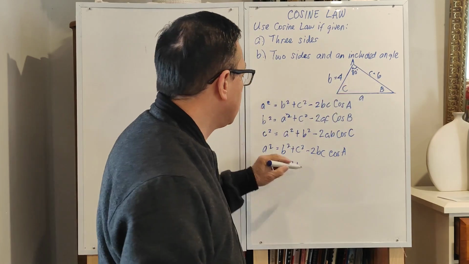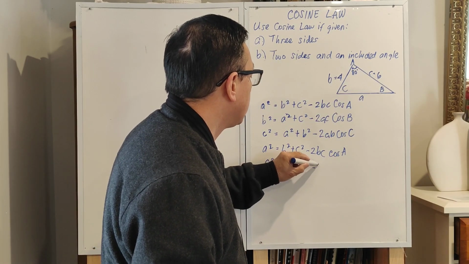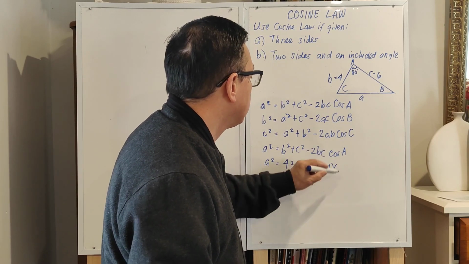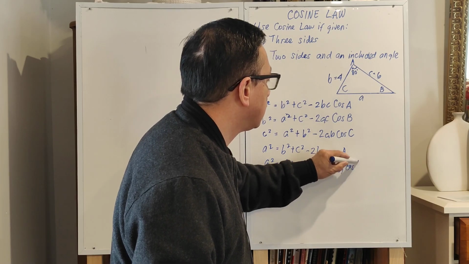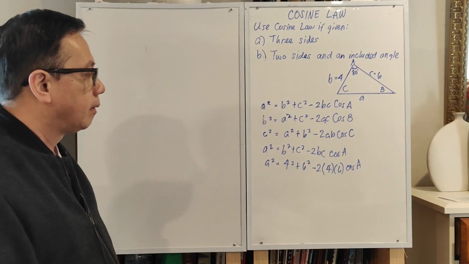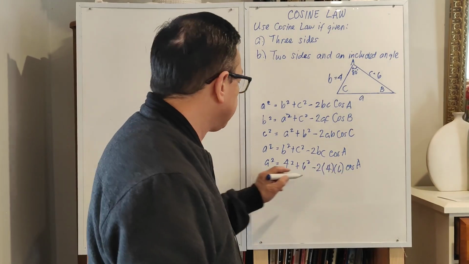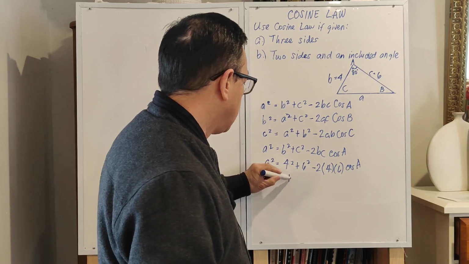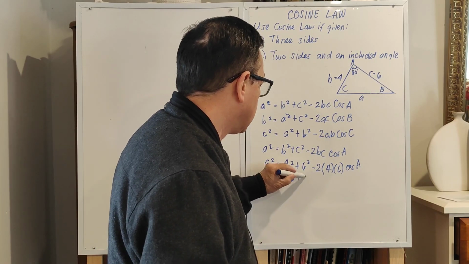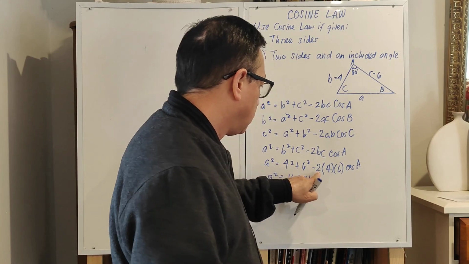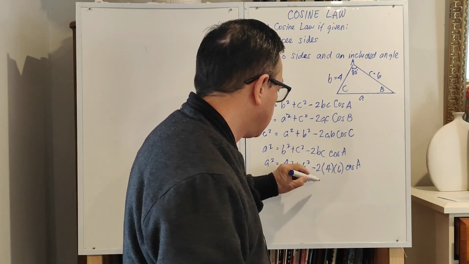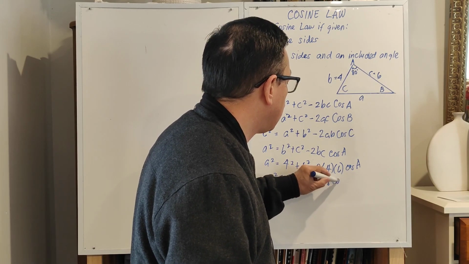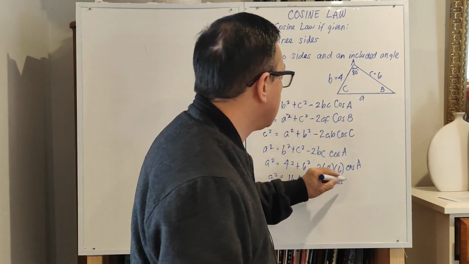C squared will be 6 squared minus 2 times B, which is 4, times C, which is 6, cosine of A. A squared is equal to 4 squared is 16, 6 squared is 36, minus 2 times 4 times 6 is 48, cosine A. But angle A is 80 degrees.